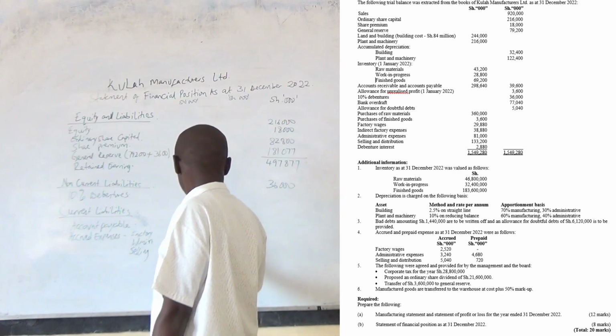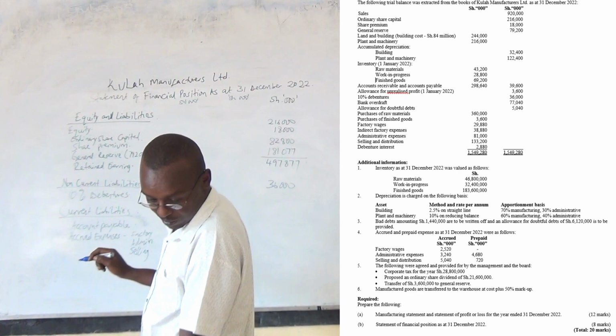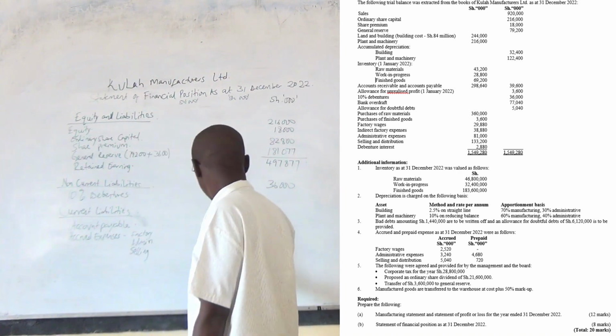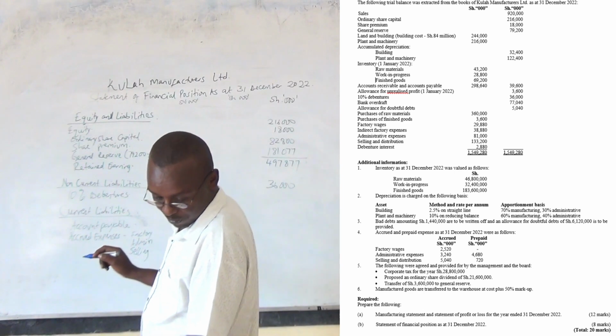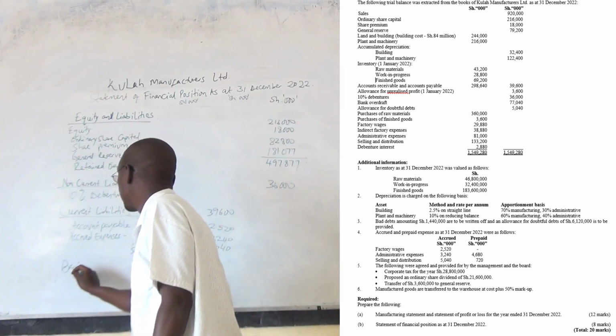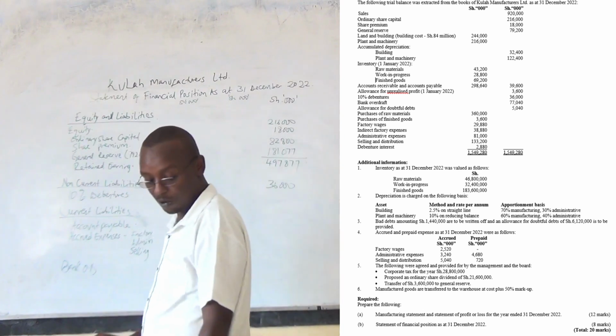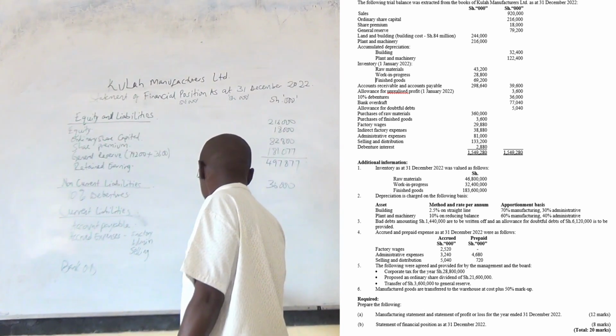Admin at 240. And selling 5040. Then we have bank overdraft, 77,040.